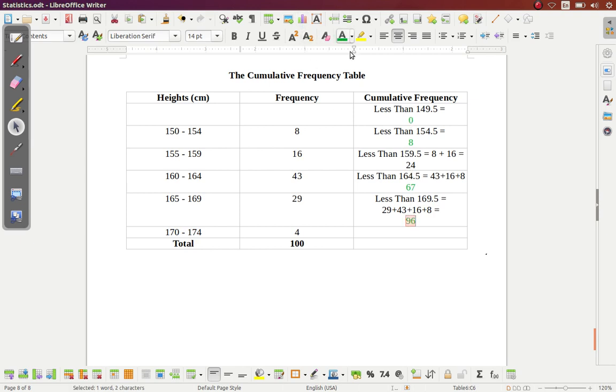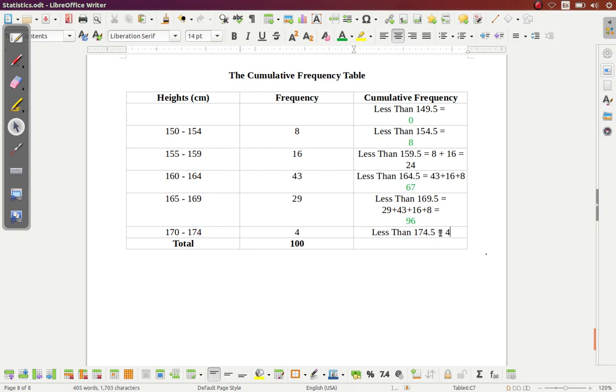All right, nice. And then all of these are piling up and up, going towards the 100 mark. How many of these models measured less than, you guessed it, 174.5?